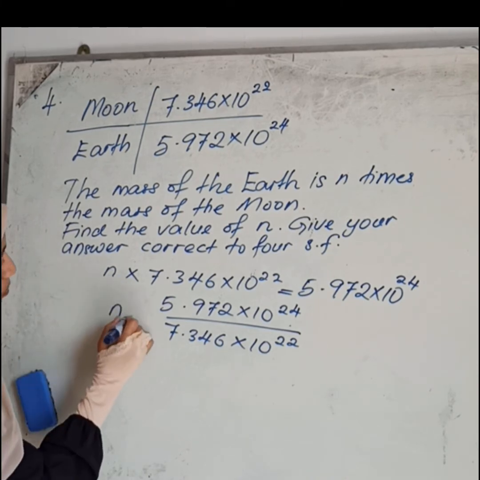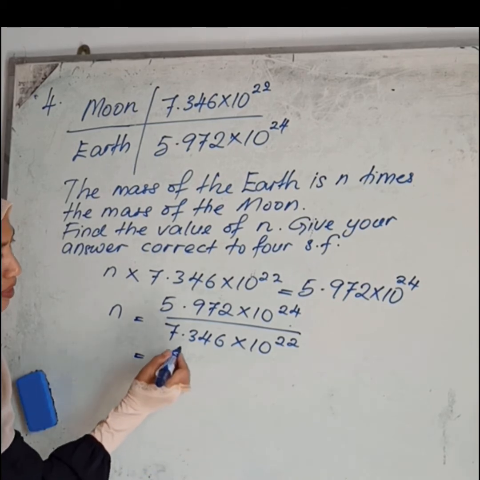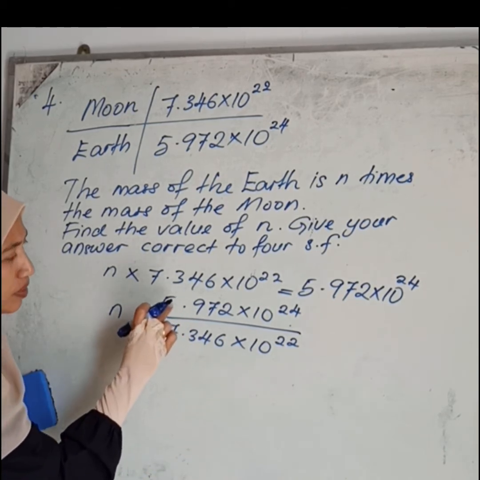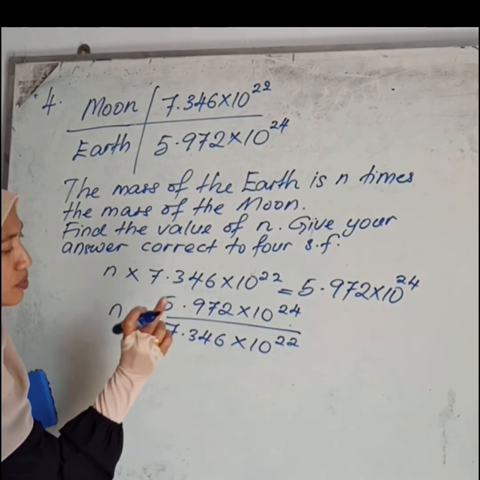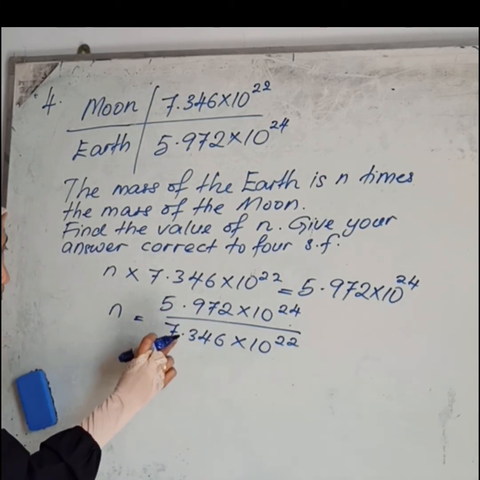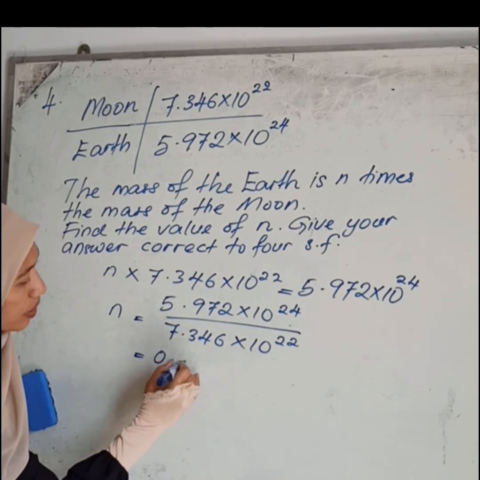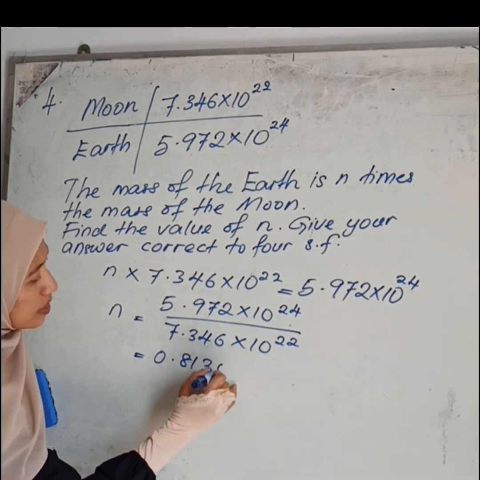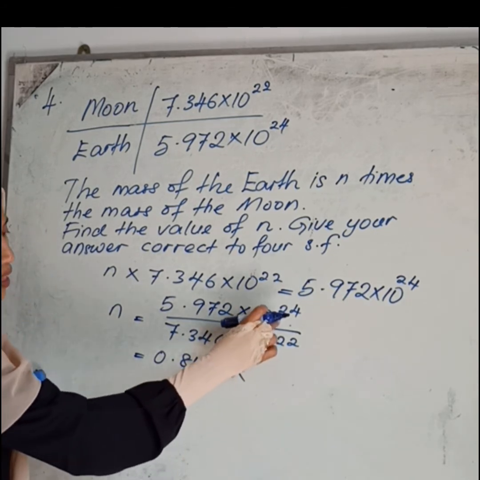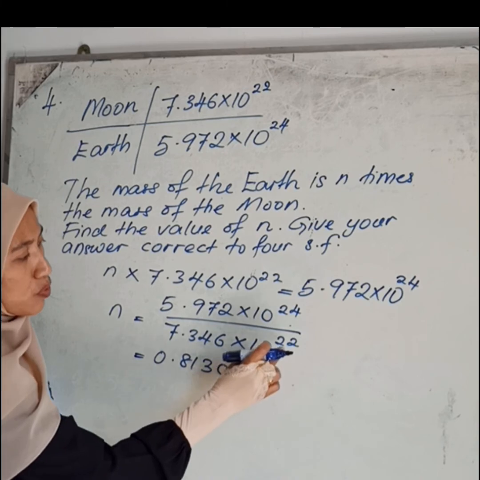So we can use the calculator to get the value of 5.972 divided by 7.346, which is 0.8130, times 10 to the power of 24 divided by 10 to the power of 22.